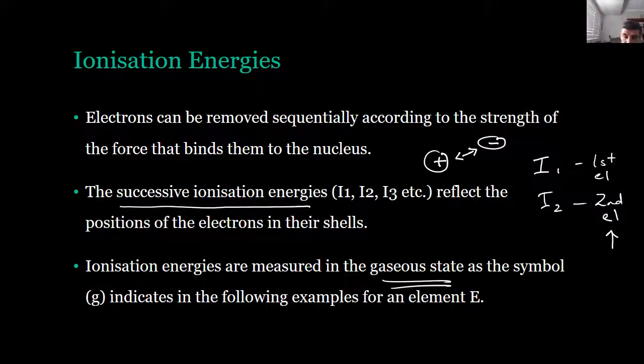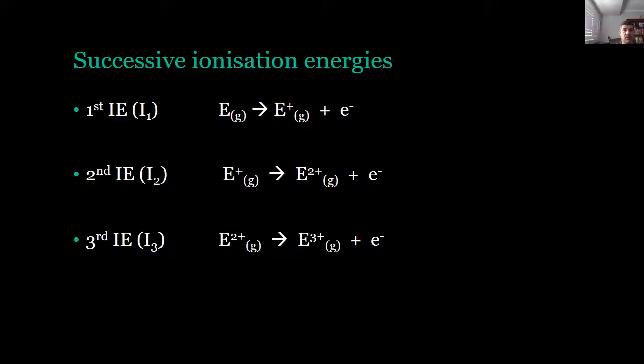One important thing when we're looking at our ionization equations is we need to make sure that they are in the gaseous state, so you'll see this little symbol g to indicate gas as we look at some of the examples of ionization energies. The first ionization energy we can represent as the neutral element losing an electron in order to become a cation, a positively charged ion.